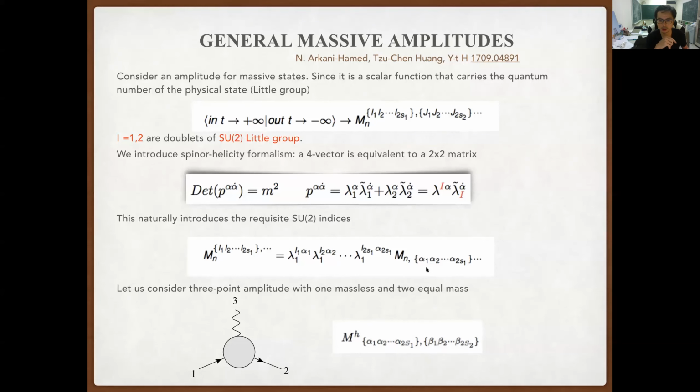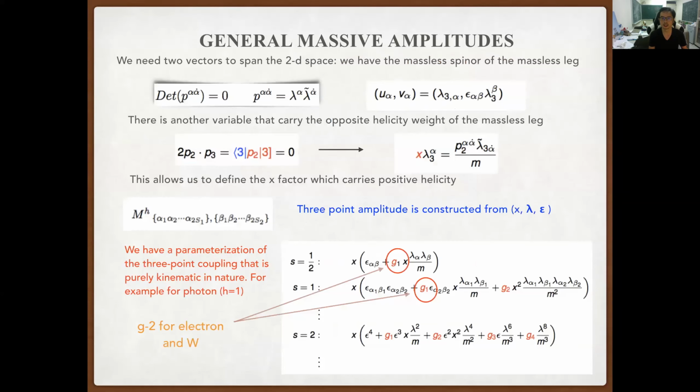So in other words, for the 3-point amplitude that we're looking at, with a spin S particle and a massless particle, the tensor structure we'll be interested in is a 2S-index symmetric tensor in the SL(2,C) space. So to explore the possible structures in this space, we need a vector to span that space. And then a natural kinematic vector would be the massless spinor for the massive momentum.